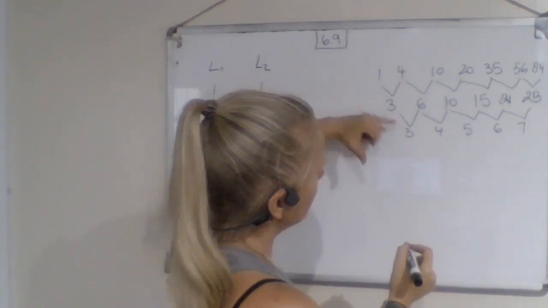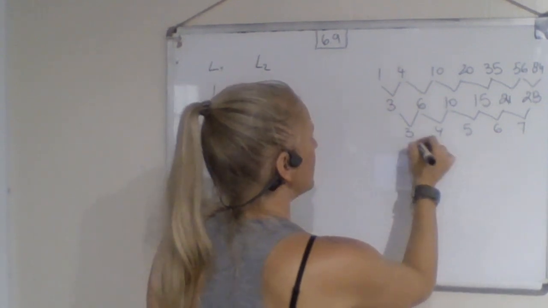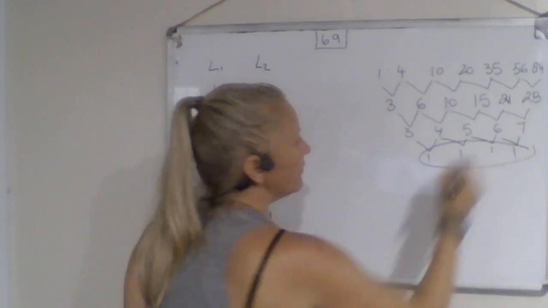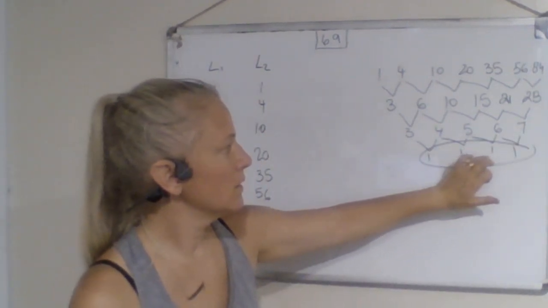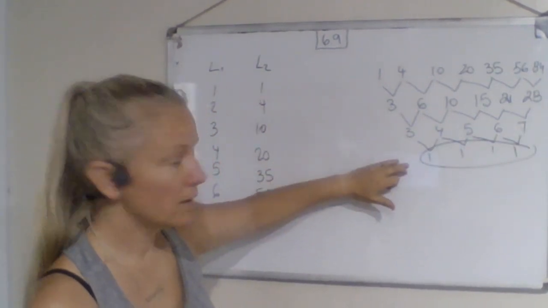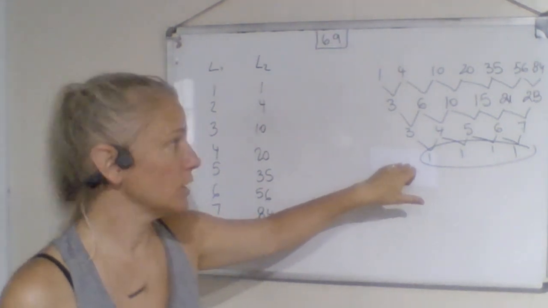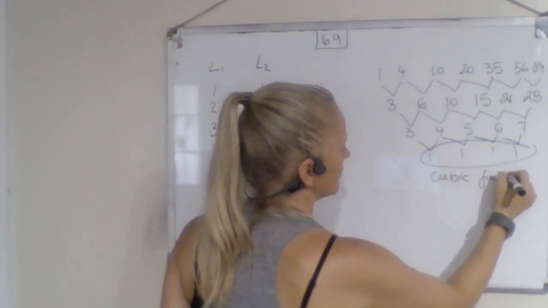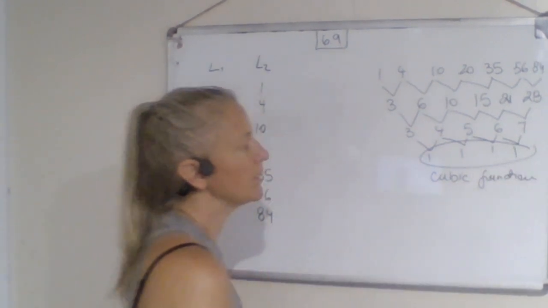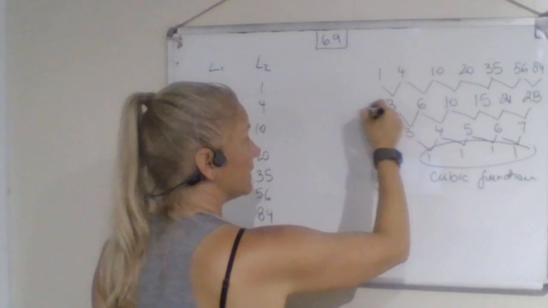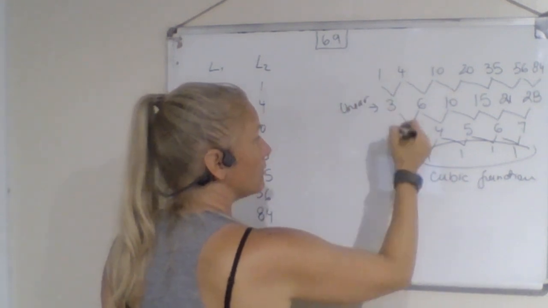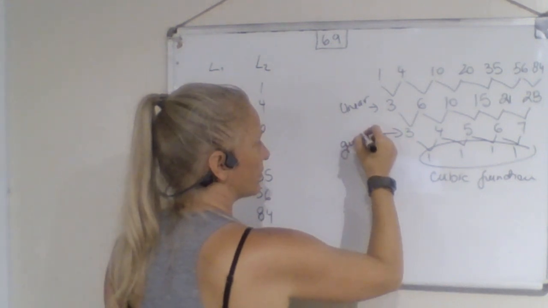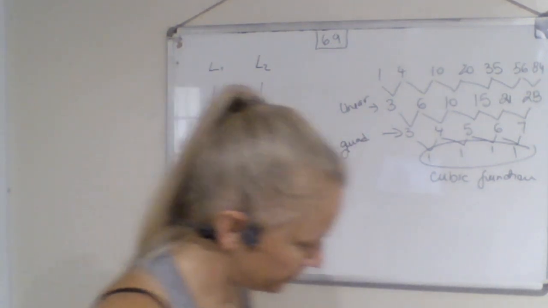I'm now having this on the first, second, third degree. So I'm looking for a cubic function. This tells me this is a cubic function. If I would have had all 1s here, this would have been a linear. If all my 1s would have been here, this would have been a quadratic. Okay. That's just how I know.